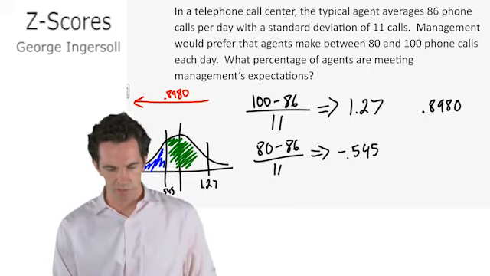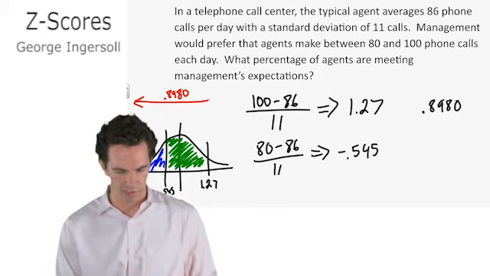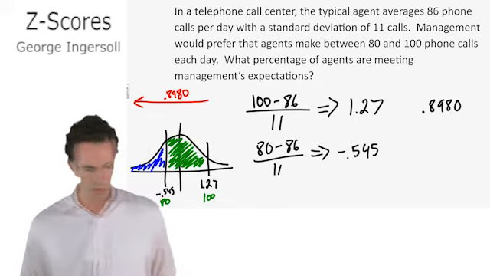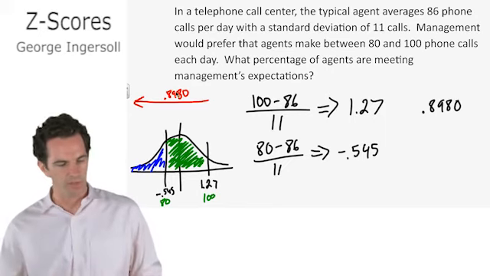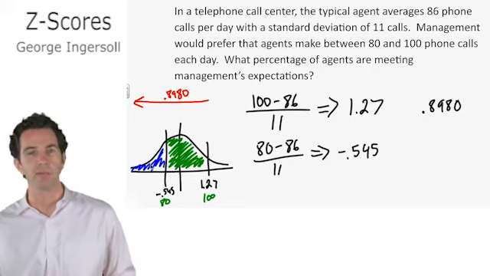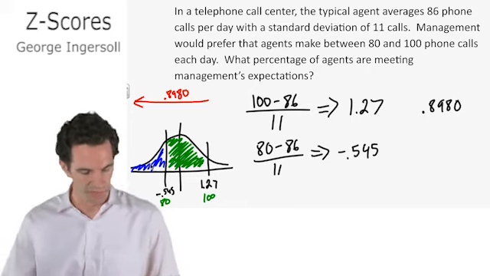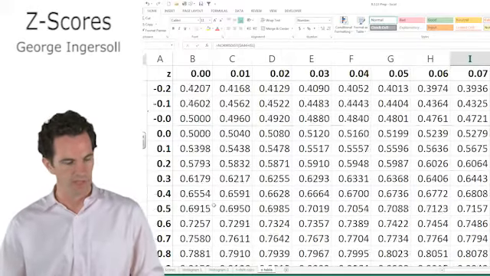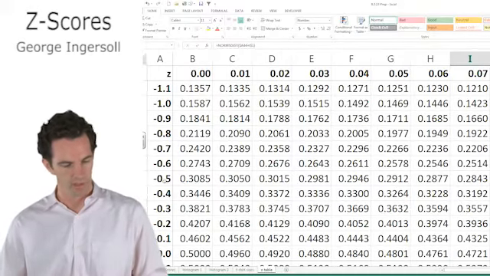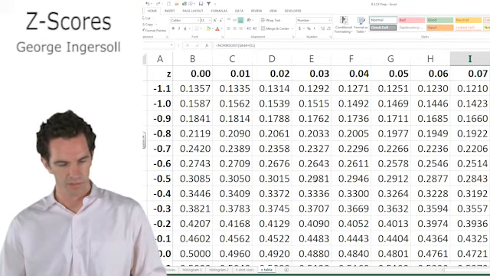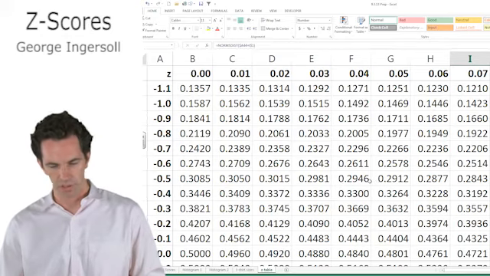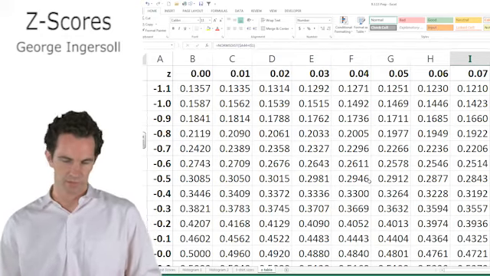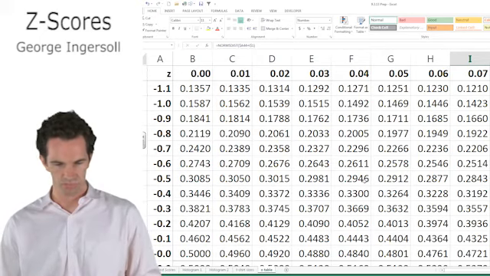This is the sweet spot. This is between 80 and 100 phone calls, because this is 80 right down here, and this is 100 up here. So that's what we're interested in. So we could take this red value, that's everything to the left of 1.27, and subtract out the blue value, which is going to be everything to the left of negative 0.545. So here we go. Let's find negative 0.545, negative 0.5, and then 45 is going to be sort of in between these two here. So it's going to be something like, I don't know, 0.298.